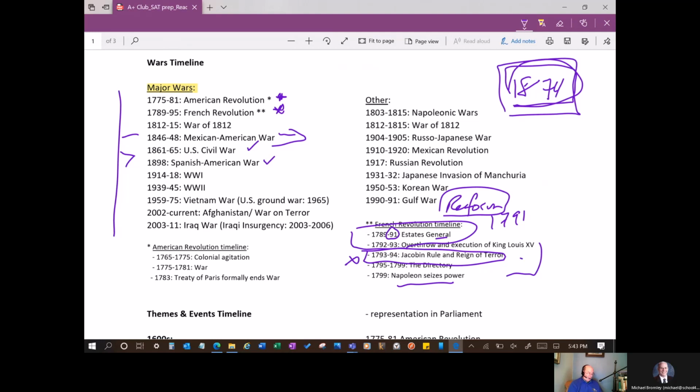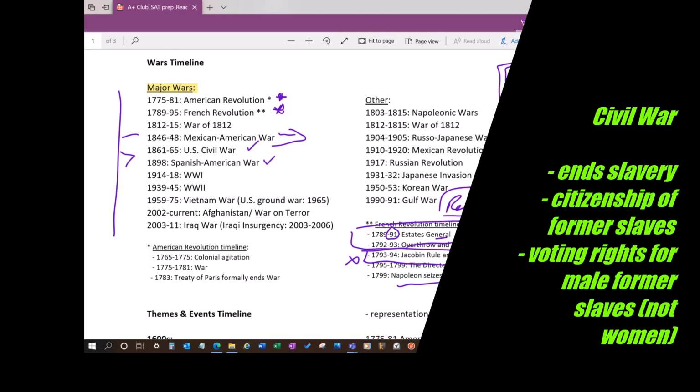U.S. Civil War, of course, you have the impact of the sectional divide, and you have the ending of slavery, the freeing of the slaves and providing citizenship and the franchise for the former slaves who are male and not for women. That impacts a lot.